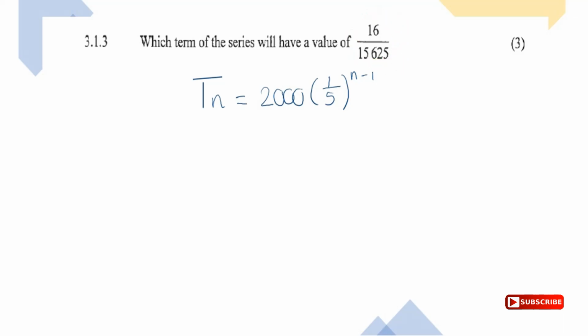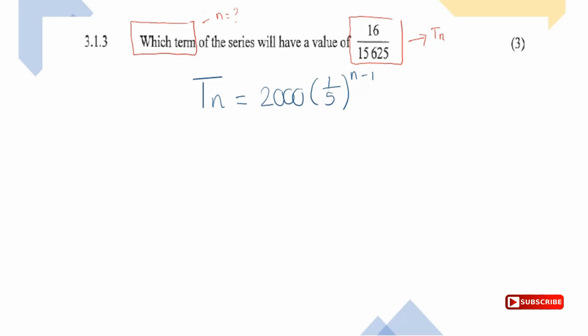They want to find out which term of this series will have the value of 16 over 15,625. So this is our Tn. We are given the Tn because we are given the value of that term, and we just want to determine the position of this value. So we're given Tn, and we want to determine the N. We substitute this value into this formula and we solve this equation for n.